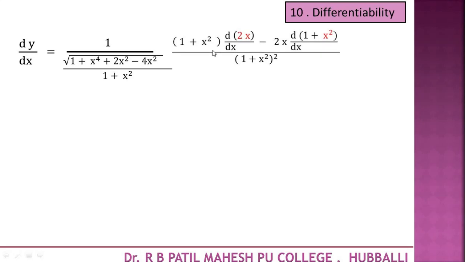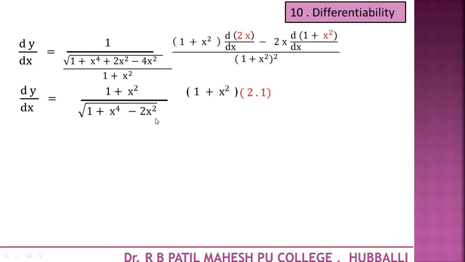And I keep this entire term as it is, the second term. In the next step I simplify 1 plus x square. So here if you operate these two, 2x square minus 4x square, it is minus 2x square, and this denominator goes to the numerator, therefore it is 1 plus x square in the numerator.